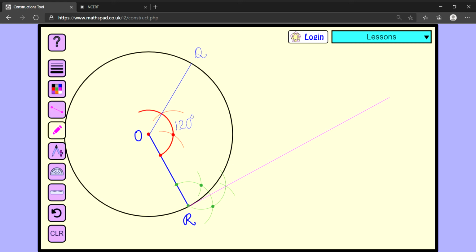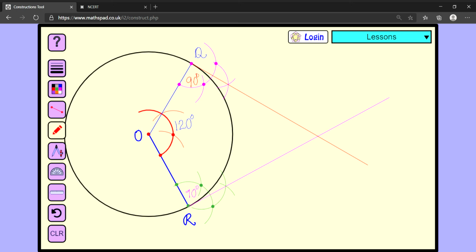So the angle formed at this point is 90 degrees. Similar thing is to be done from point Q. Let's construct a perpendicular at Q. This is the perpendicular at Q. The angle formed is 90 degrees.